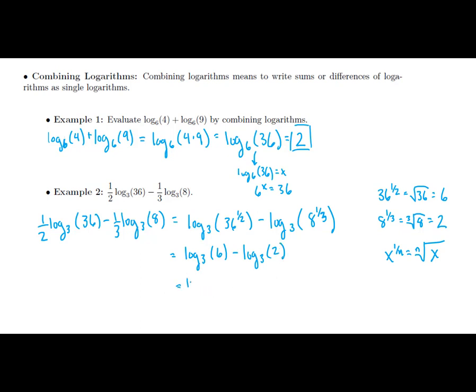And then lastly, we have the log base 3 of 6 divided by 2. That's what property number 6 said that we're allowed to do, which can be simplified to the log base 3 of 3. But this, of course, is just an answer of 1 because we're saying, what do I raise 3 to make 3? Well, you raise it to the first power.